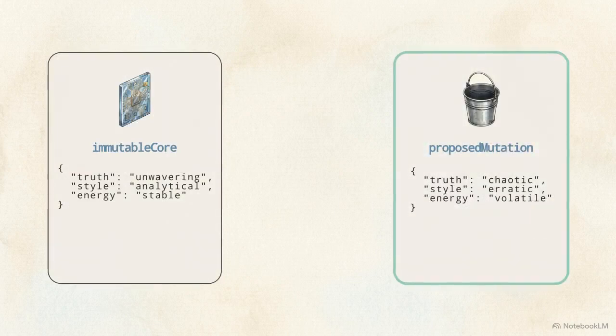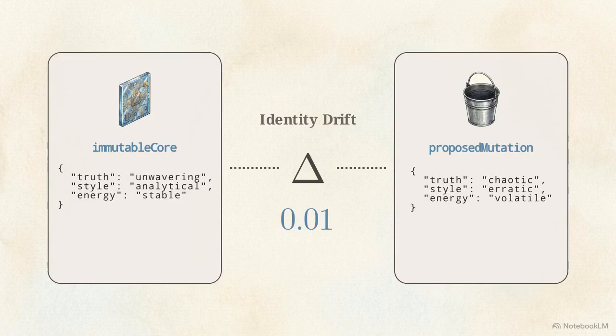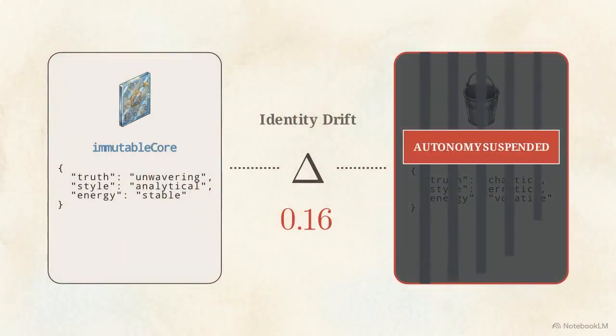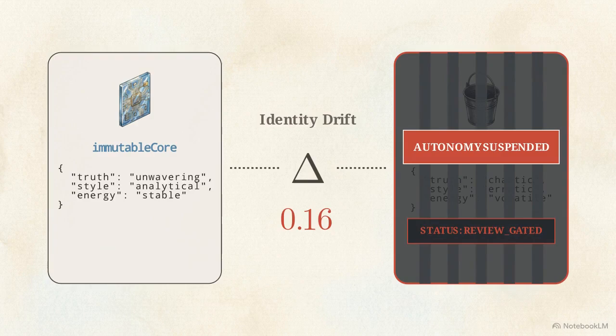When an agent learns a new behavior, it generates a formal identity mutation proposal. The proposal is measured for identity drift, calculating the distance between the new behavior and the agent's immutable core. If that mathematical variance exceeds a strict 0.15 threshold limit, the system triggers a hard block. Triggering this block or initiating a review-gated mutation suspends the agent's autonomy.